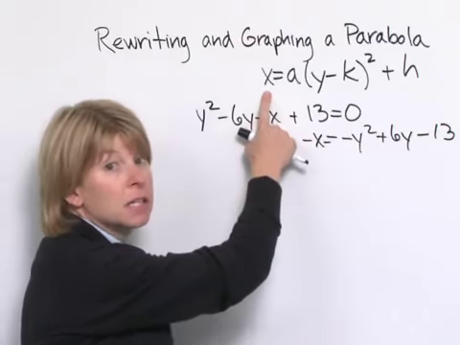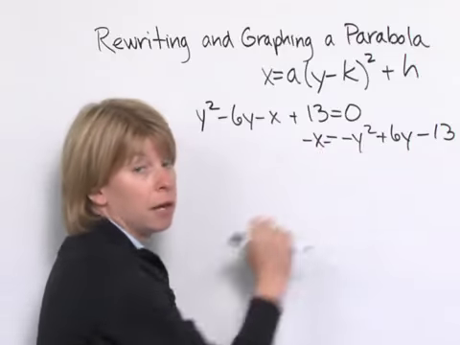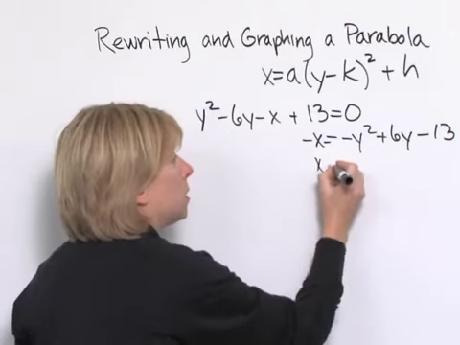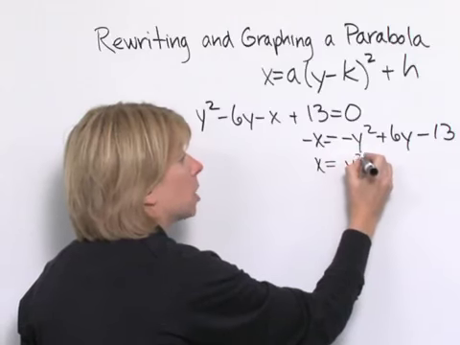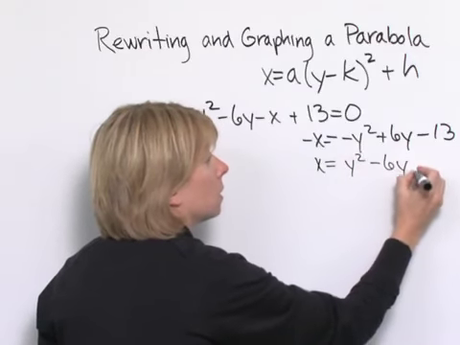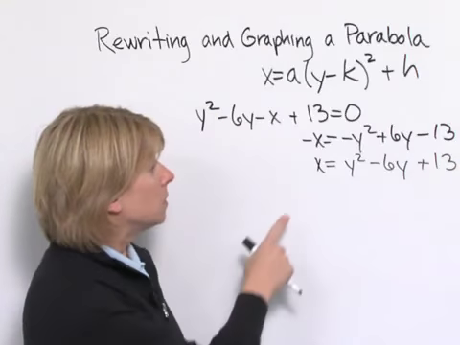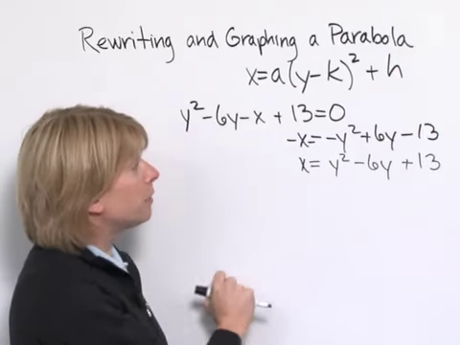Now, in order to have a positive x on the left, I'm going to divide each side of the equation by negative 1. And doing that just changes my signs on all the terms. So we have our x on the left.